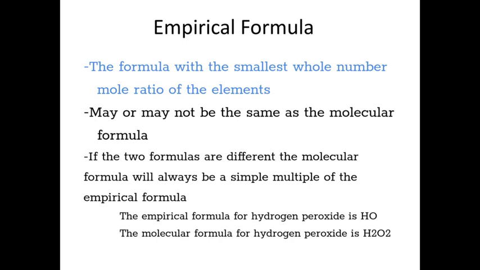Its empirical formula, the bare bones formula, is actually just what atoms are in it. So I know it has at least 1 hydrogen and at least 1 oxygen. But the specific chemical formula that we call the molecular formula for hydrogen peroxide is actually H2O2, meaning I know I have 2 hydrogen and 2 oxygen that make up its fingerprint.